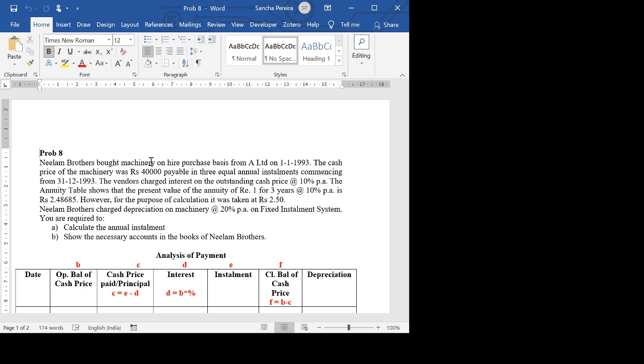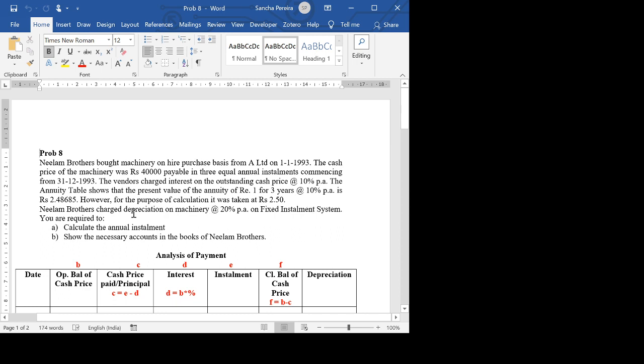The annuity table shows that the present value of the annuity of rupee 1 for 3 years at 10% per annum is 2.48685. However, for the purpose of calculation, it was taken at rupees 2.50. They have just rounded this figure. Instead of 2.48685, it's taken as 2.5.